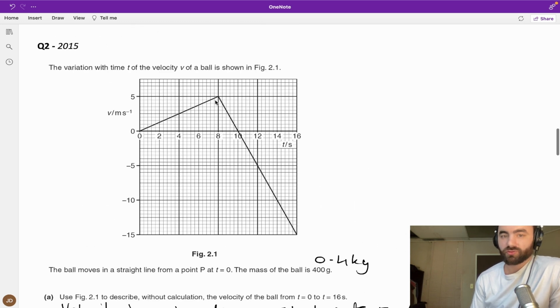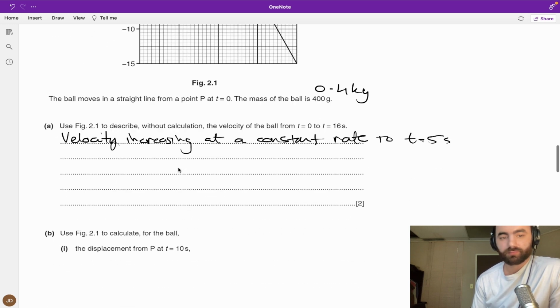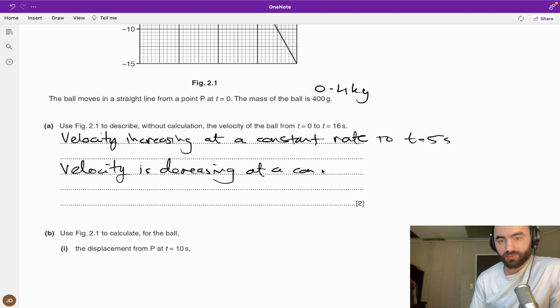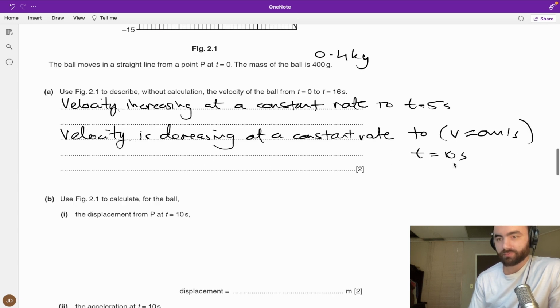It then starts to decrease its velocity all the way to 0, and velocity is decreasing at a constant rate to a velocity of 0 meters per second at t equals 10 seconds.